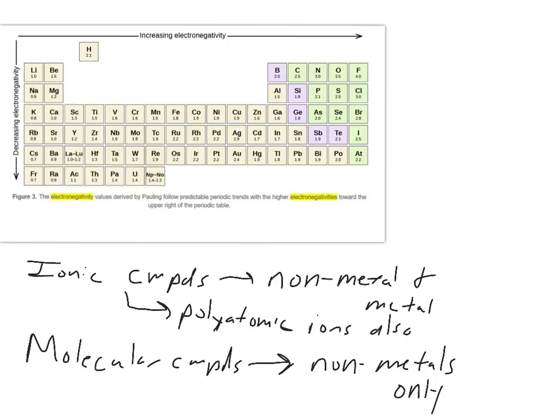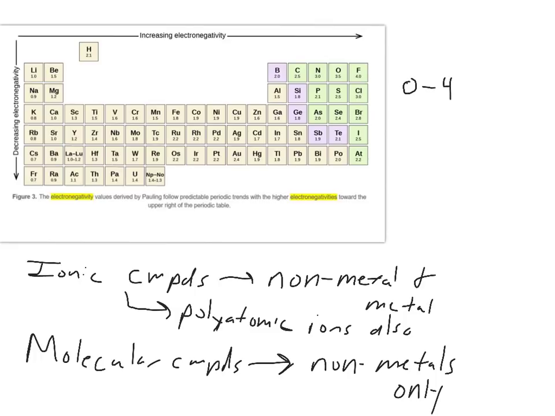So what electronegativity is, it is a measure of how strongly an atom will pull electrons or electron density to itself. And the scale is from 0 to 4.